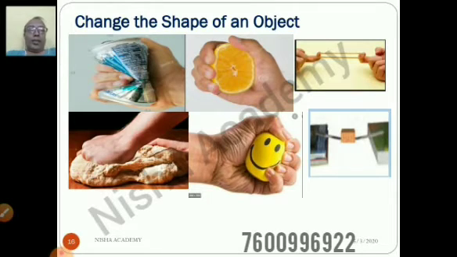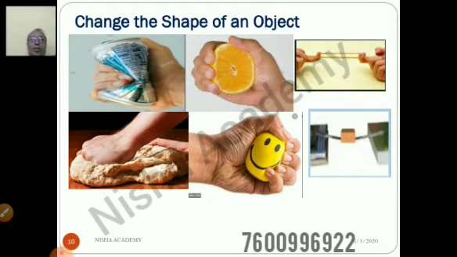In the third figure, you are trying to stretch the rubber band. In the fourth figure, your mother is preparing dough for making chapati. The smiley balls are squeezed. And in the last figure, your ruler will be bent when you pull some object on it.